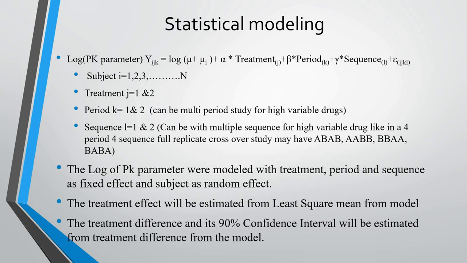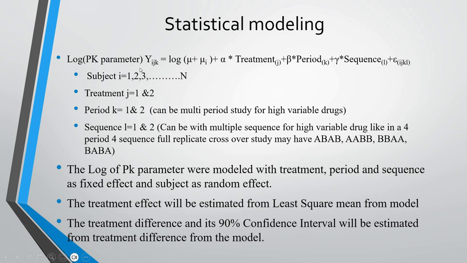Now, how are we constructing the model? Log of the PK parameter, that is Y_ijk, equals first the intercept. This is the part of the intercept, but you see an i here, I will explain later. Then alpha for the treatment effect, beta for the period effect, and gamma for the sequence effect, plus epsilon.